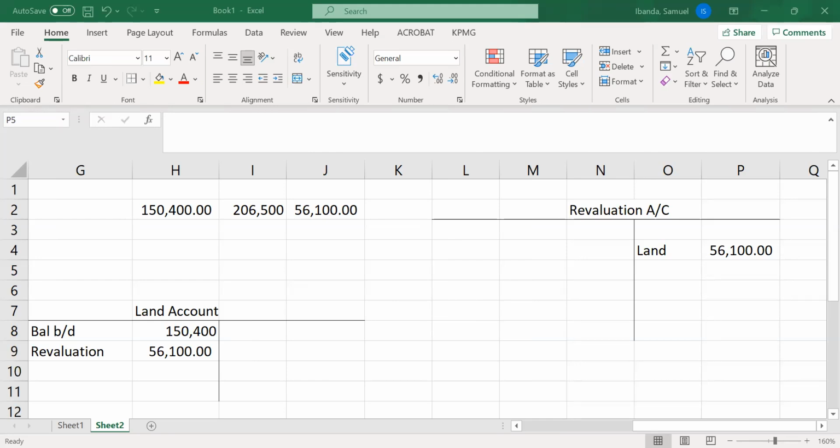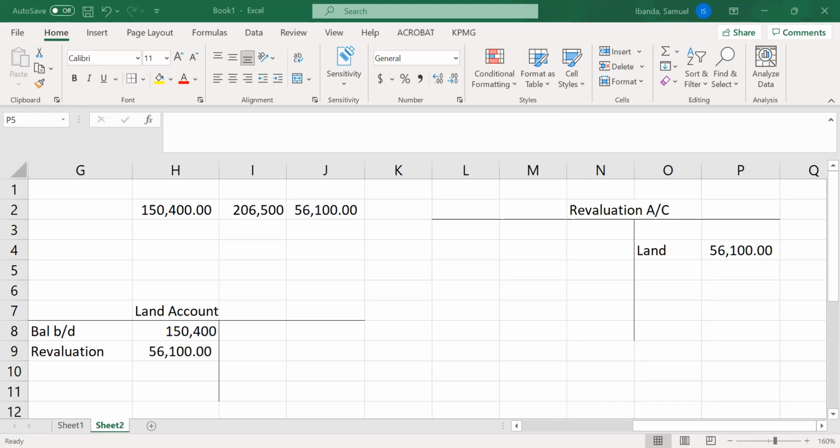You know those questions where they bring you different assets that were bought at different times, and then they're asking you to go ahead and draw up the depreciation account, accumulated depreciation account and disposal account.